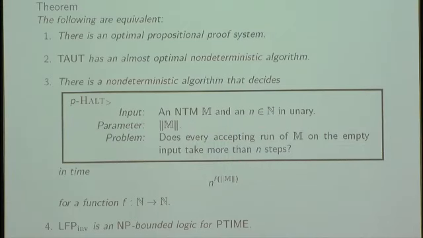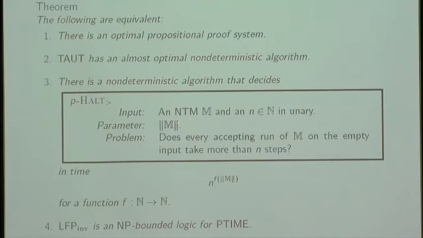What is important is the third property. It states that there is a non-deterministic algorithm that decides the following variant of this halting problem in time n to the f of the length of m, for a function f. Here we require a non-deterministic algorithm, compared to the previous case where we required a deterministic algorithm. But the problem is slightly different from the previous halting problem.